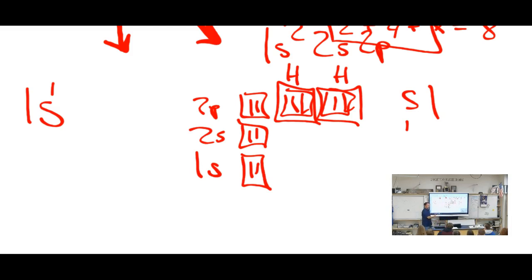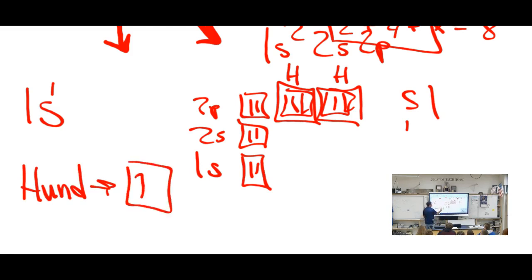Is it possible to have more than 2 check marks in it? No. Why? That's called the Hund rule. The Hund rule from last time said the maximum spin can either be a half or 0, but you can't have 1 1/2, which is weird. What does that have to do with anything?